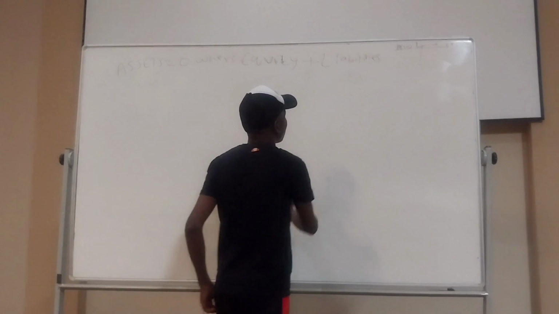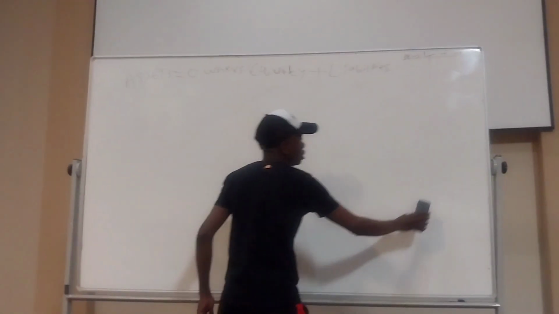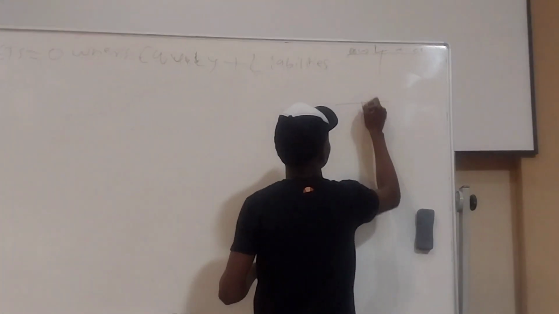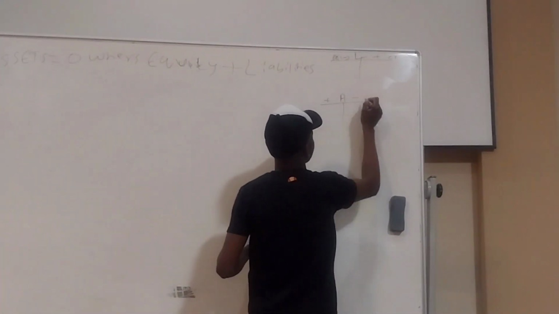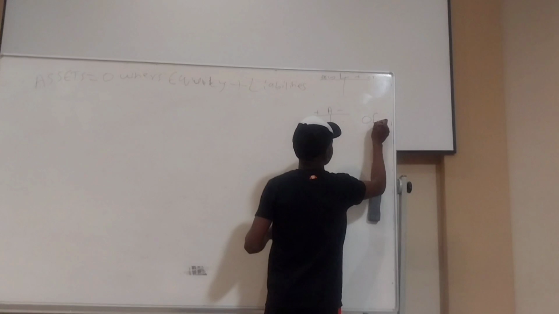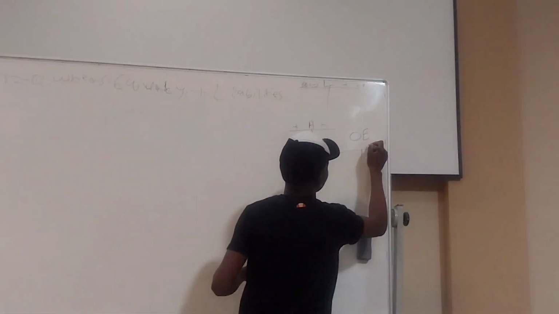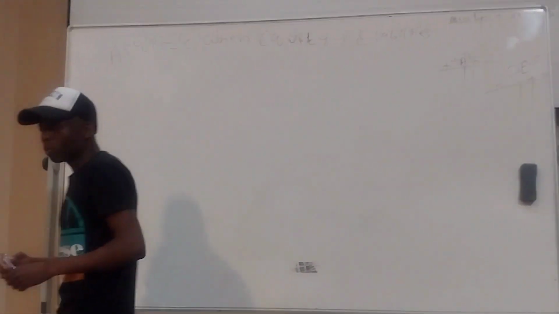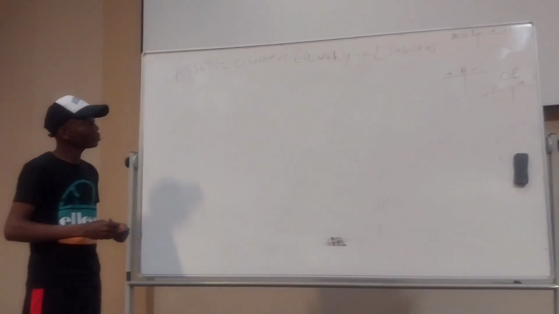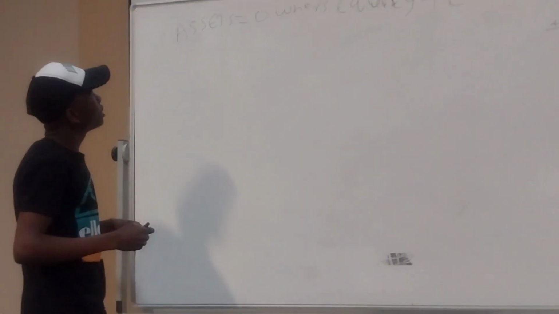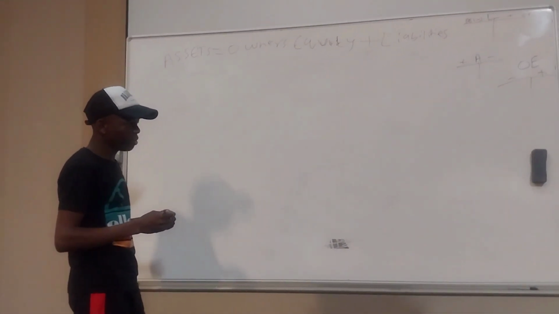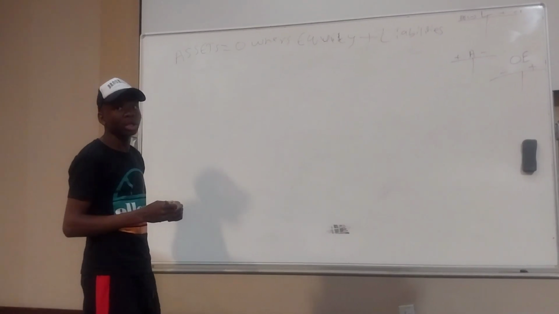We're talking about the business now. Sorry for wiping the most important parts: assets, plus, minus, owner's equity, plus, minus. Let's assume now the business is purchasing inventory or trading stock on cash and on credit.